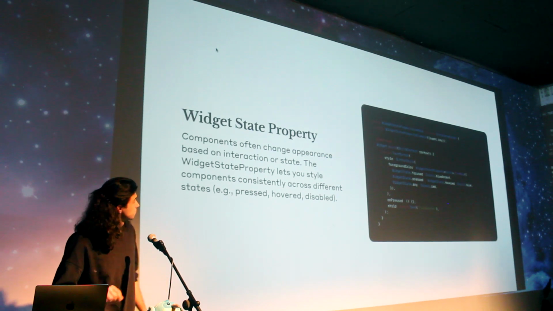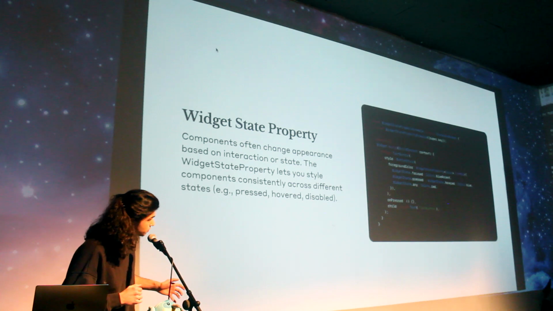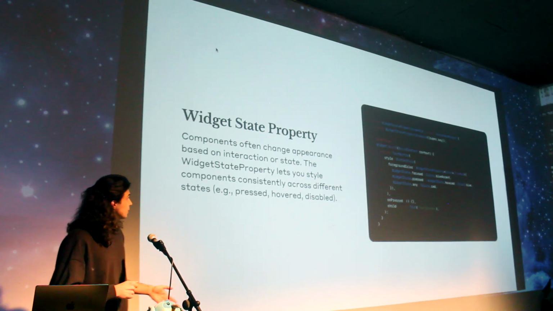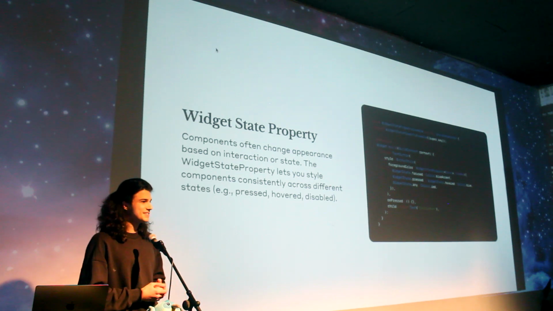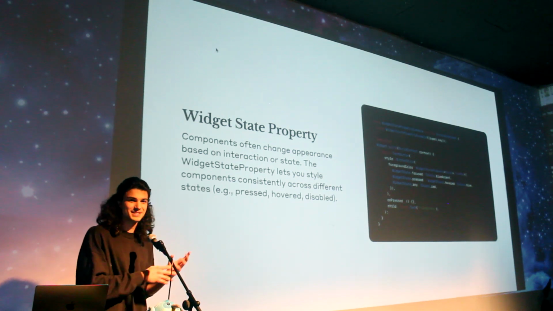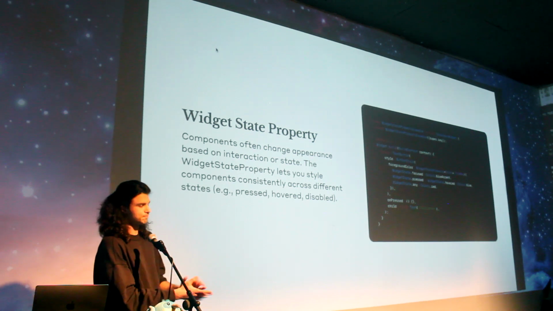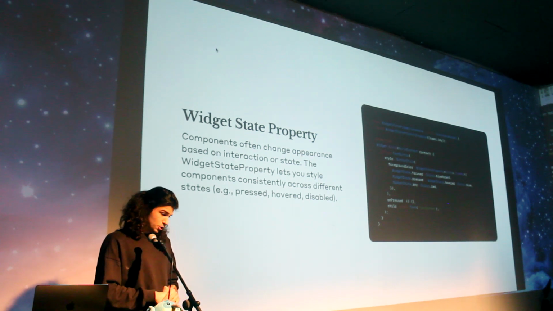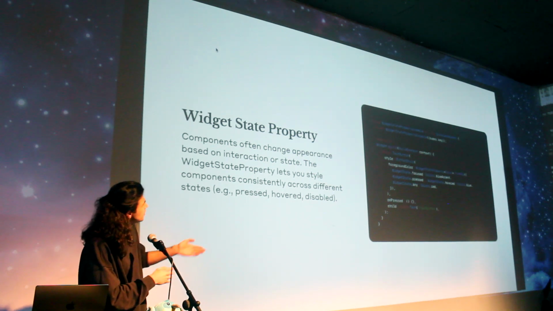So, to start with, I would like to tell you about widget state property. What is a widget state property? Basically, it is a way to map a state of a component to a certain value. Actually, you should not imagine, I provided some code here.